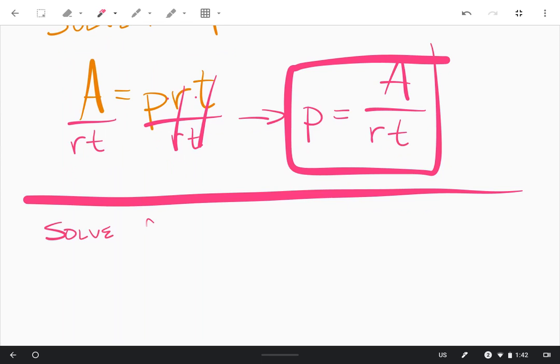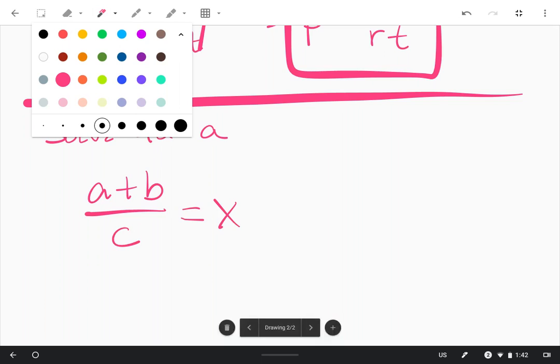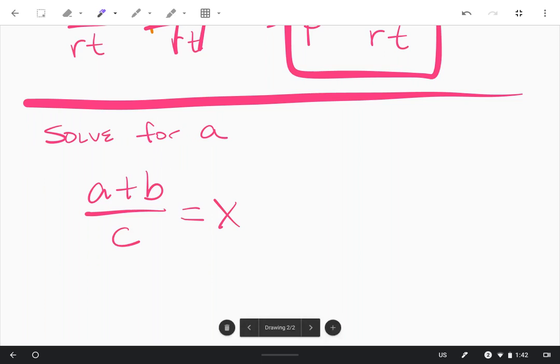Here's another one. Solve for a in the following formula. A plus b divided by c equals x. Okay, so this one's a little bit more complicated. There's a lot more going on in this. But we know we want to get a by itself. So if we want to do that, we're going to start by getting rid of this c. We're going to multiply c on both sides.